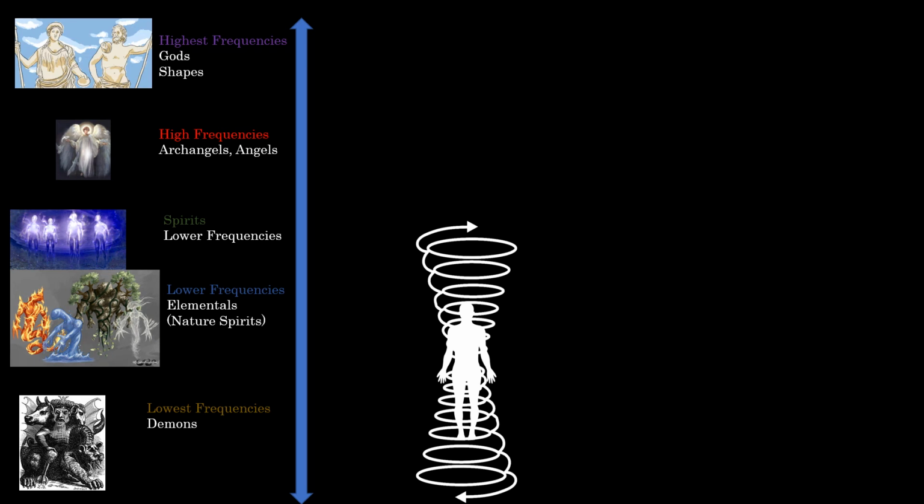Under that, we have the spirits, a little bit lower frequencies, but the spirit frequencies. Here we have the spirits of the dead, the spirits of the ancestors, all kinds of spiritual entities. And then we get closer and closer to our material world, and in fact we find the elementals, which are the nature spirits.